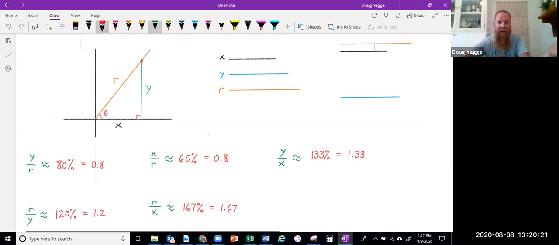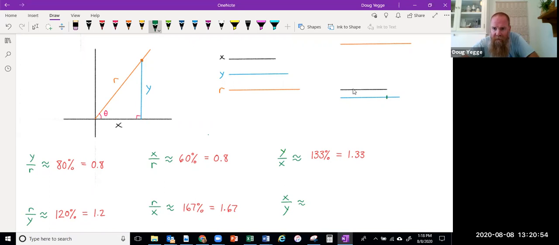There's only one last ratio that we could possibly find, and that's the ratio of X compared to Y. So now that means that we're going to move X around. We're going to compare X to Y. How big is X compared to Y? Well, again, X is less than Y, so it's a certain percentage of it. It's how big is this piece right here.